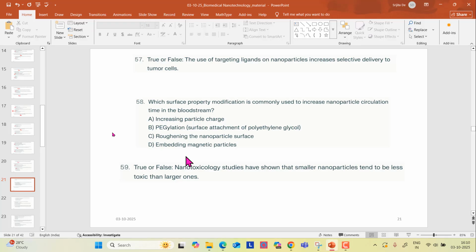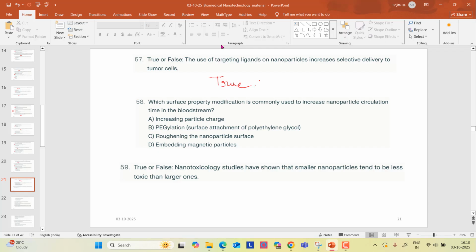The use of targeting ligands on nanoparticles increases selective delivery to tumor cells. True. Yes, this is true. Which surface property modification is commonly used to increase nanoparticle circulation time in the bloodstream?